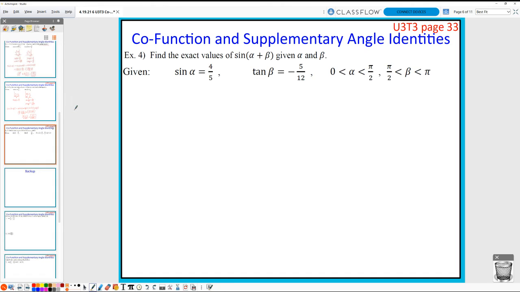Okay, last but not least, another example here. We want to see what are the two different quadrants we're in. This is quadrant 1. This is quadrant 2. I'm going to draw my triangles. Quadrant 1 means my triangle is going to look like this. Alpha sine is 4/5, so 4 over 5, and this is 3. Beta triangle looks like this.